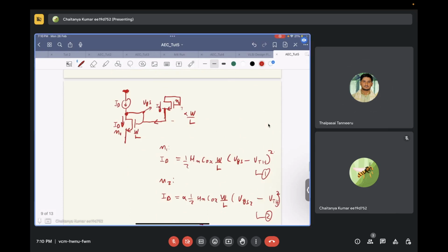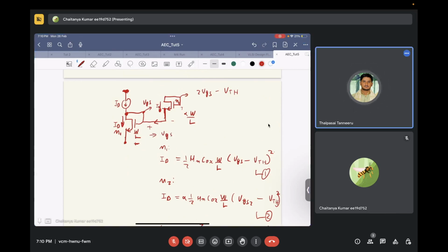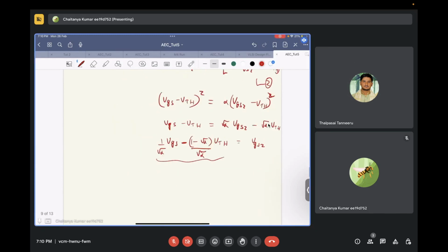Yes, sir. So at this node, you are expecting two VGS minus VTH, let's say. And from here to here, you have VGS. From here to here, you have VGS. And from here to here, you have basically this particular value.